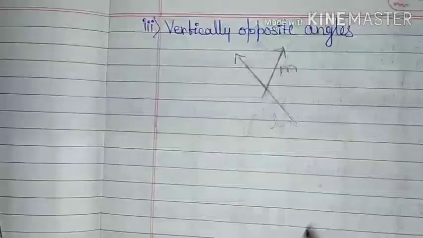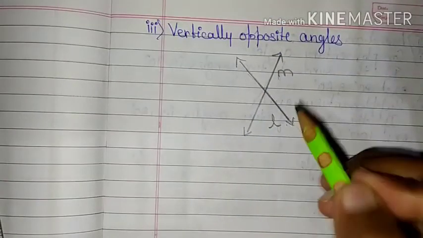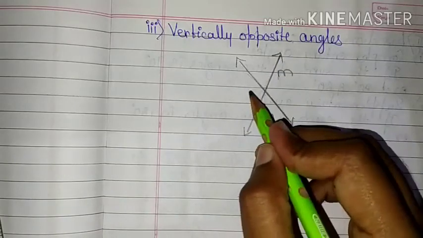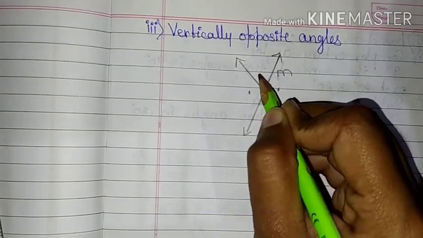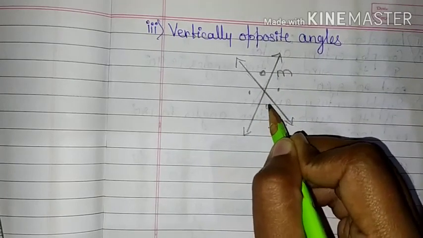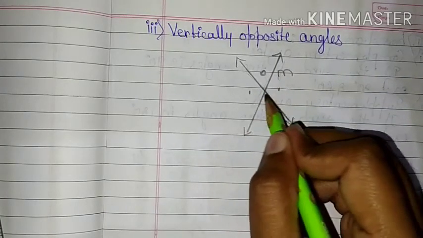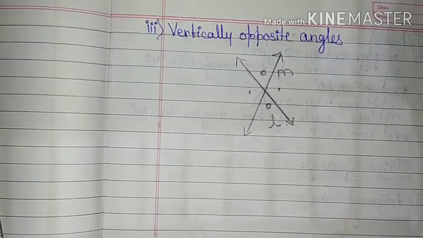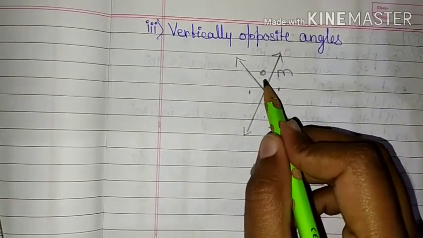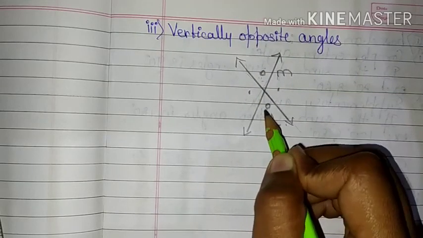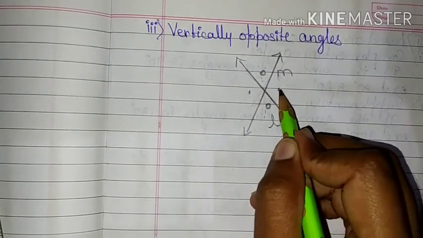Now when two lines intersect each other, we get two pairs of angles. This is pair 1, this is pair 2. And these angles which are opposite to each other, you can look, this angle is opposite to this angle and this angle is opposite to this angle.